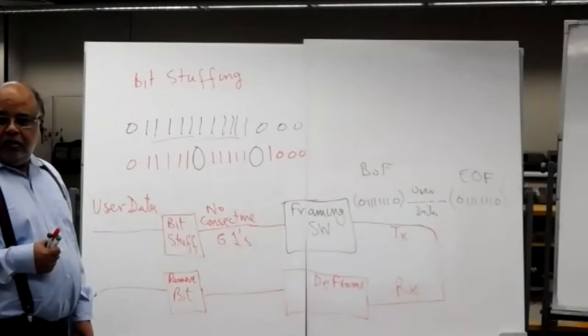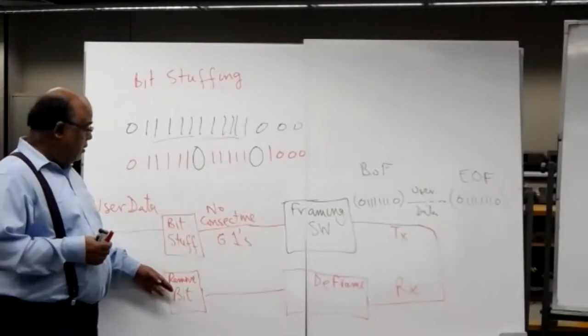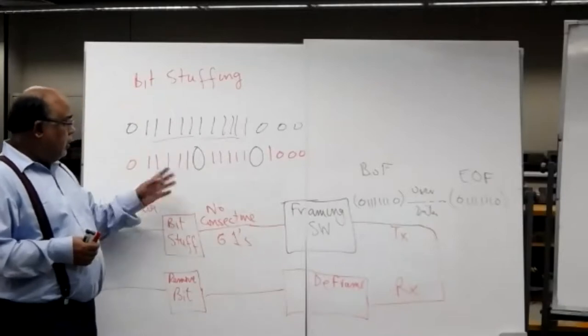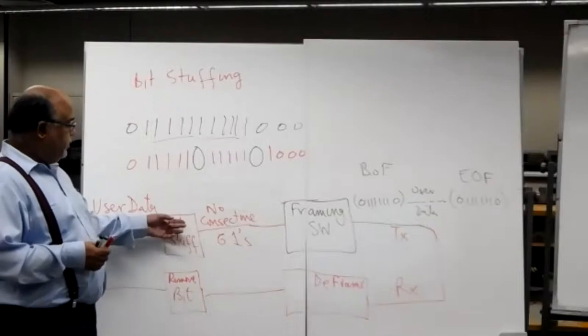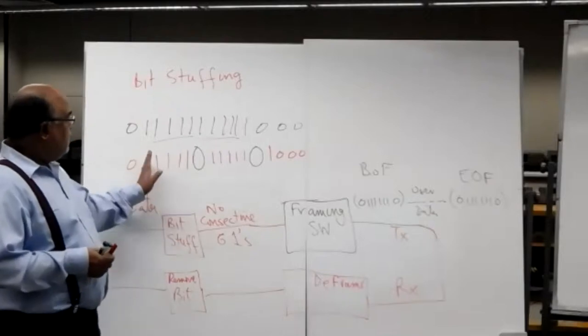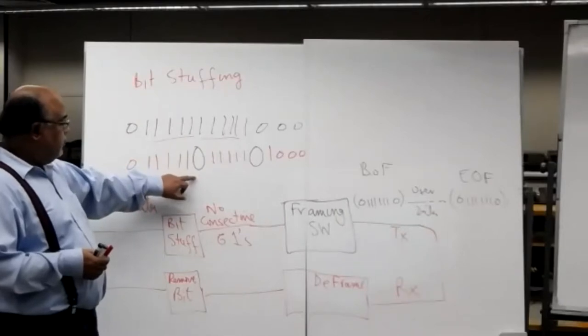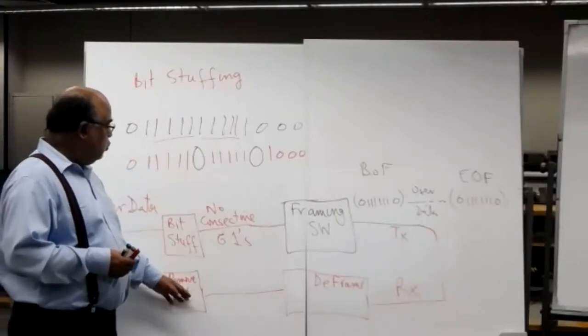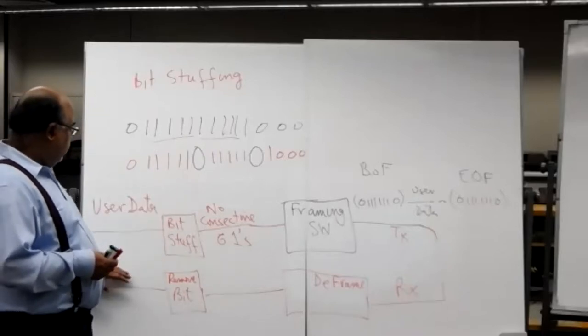It must remove a zero after 5 ones. The transmitter, without looking at what is after, must add an extra 0 after 5 ones, and the receiver must remove that extra 0 after 5 ones. So you get the data back the same again.